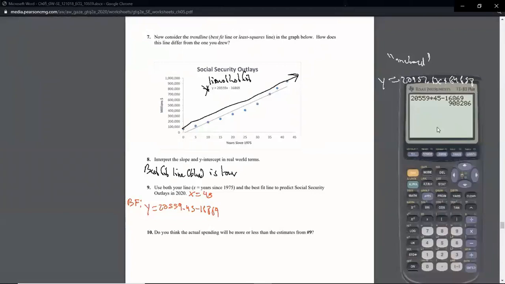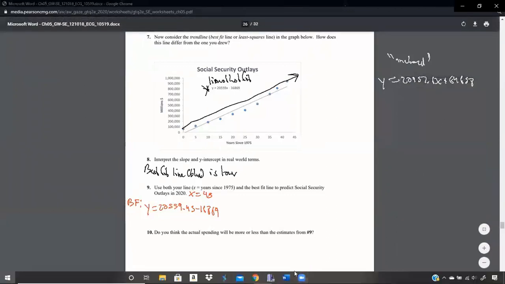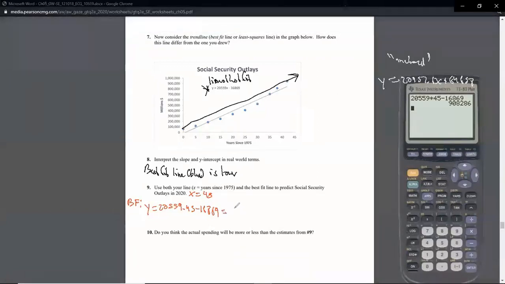Why does that look wrong? Okay, that's fine. I have a handwritten error, that's all. That's what was throwing me off. Oh shoot, this is why I don't like that. I always get confused. So that number is 908,286.